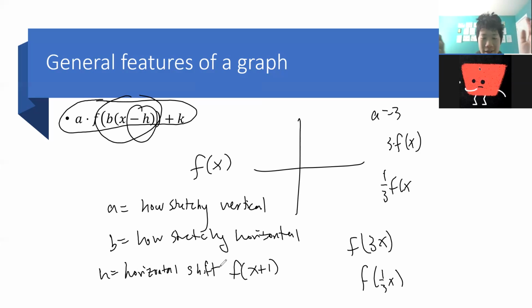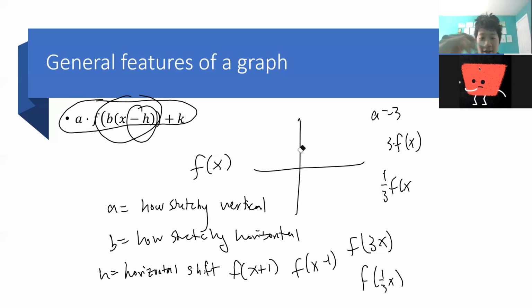But no, it's actually moving to the left because whatever's in the parentheses is opposite of what we expect. So f of x plus 1 is 1 to the left. f of x minus 1 is 1 to the right. So it's the opposite of what we expected.